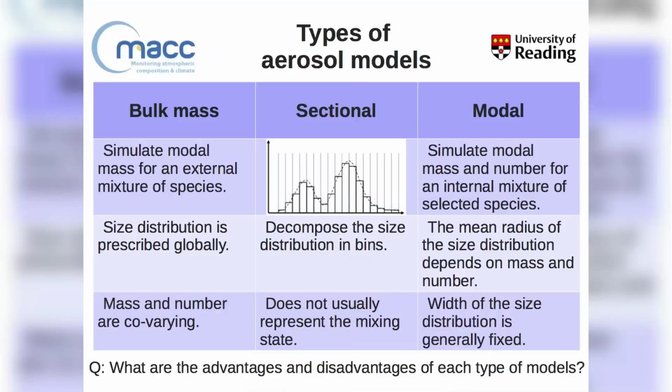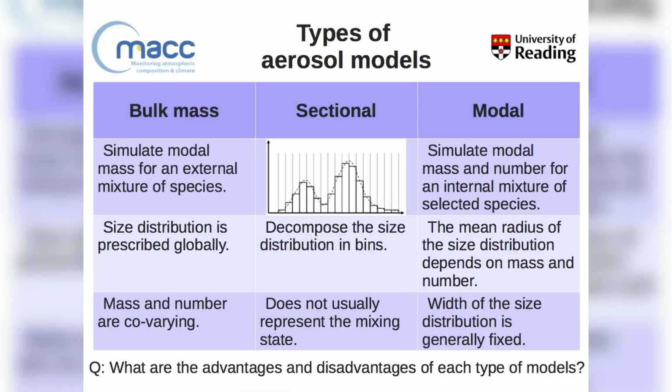And all you have to do then is simulate the value of the mean radius of your log normal. You can also try and simulate the width of the distribution, although most models tend to fix that. So this is very much a compromise between the two approaches.